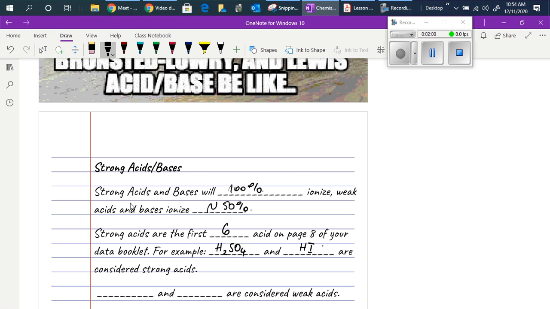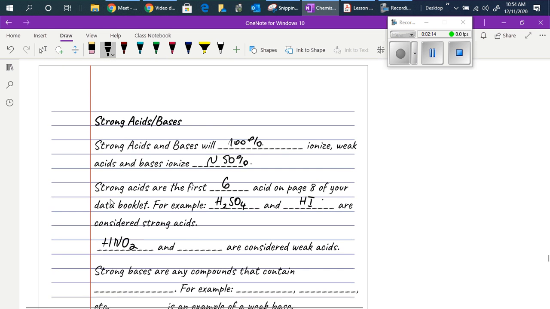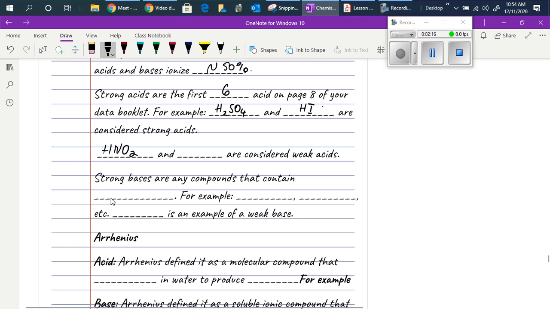But on the other hand, when we see, let's say, nitrous acid, HNO2, or sulfurous acid, H2SO3, those are considered weak acids.